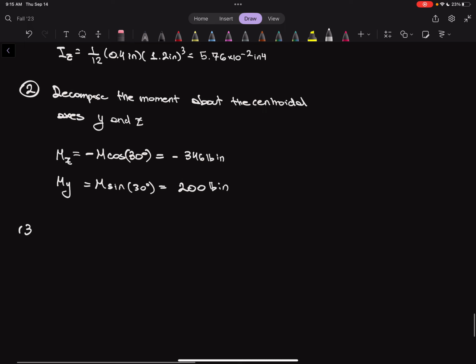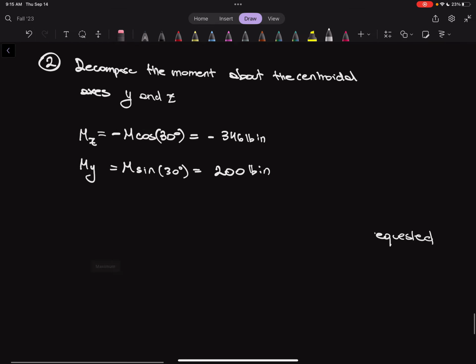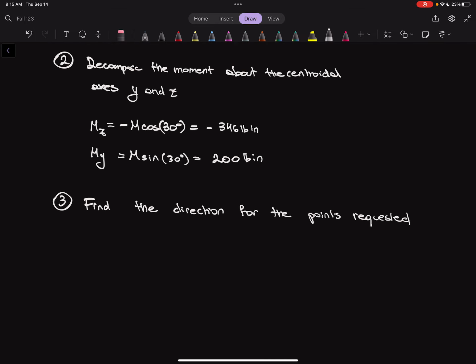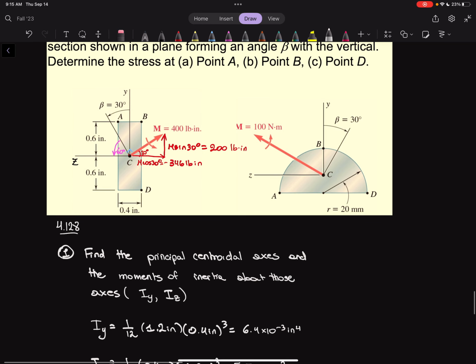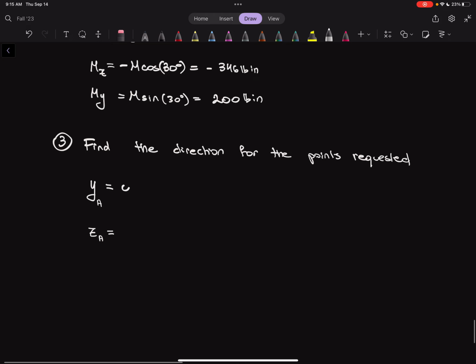Now step 3 is to find the coordinates for the points requested. So we have points A, B, and D. For point A, we need y_A and z_A. y_A is the distance along the y-axis from the z-axis, and that is 0.6 inches.